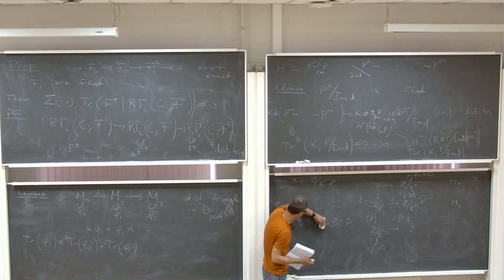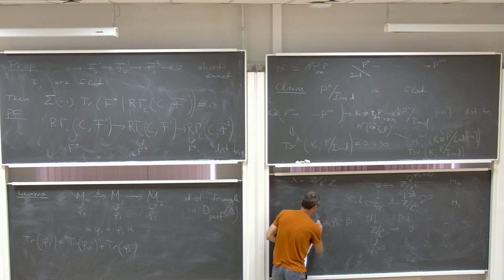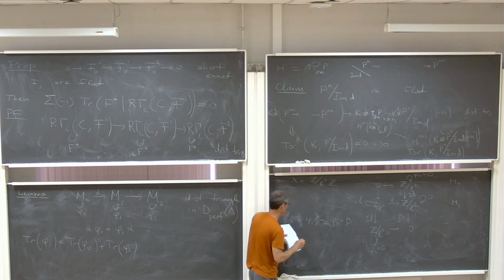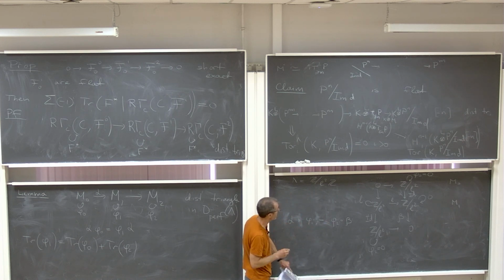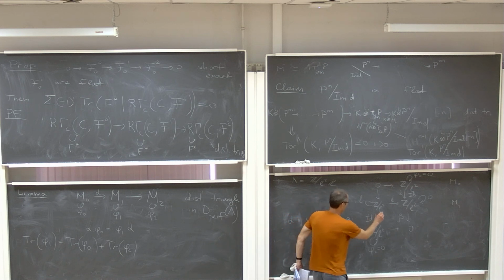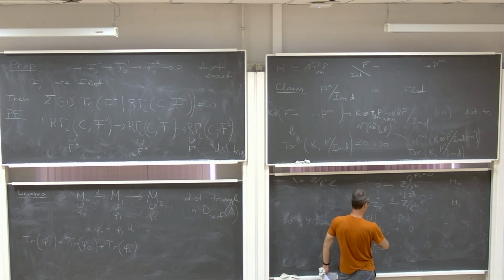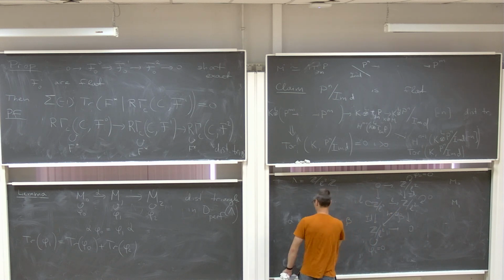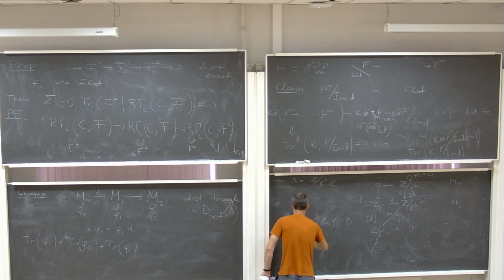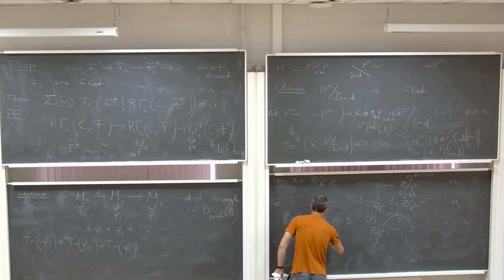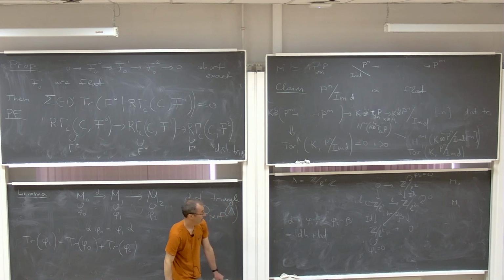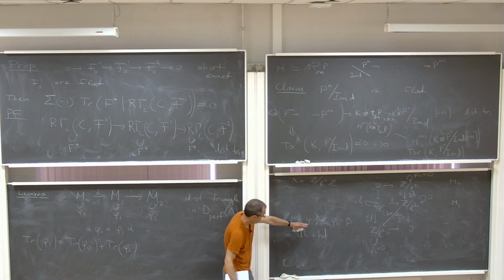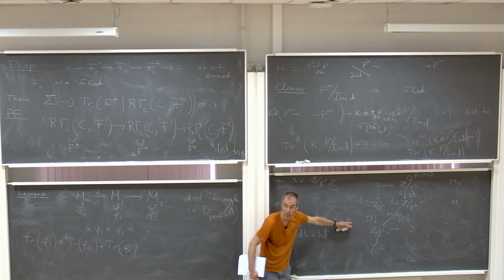But I claim that these two maps are homotopic. That means that if I take the difference of these two chain maps, it's homotopy equivalent to 0, and I define this homotopy H to be the identity, and 0 everywhere else. I claim that this is the commutator dH plus Hd, so in the derived category, this is equal to this.